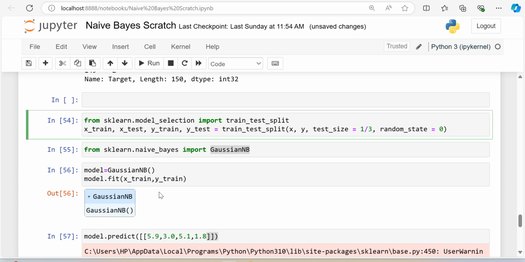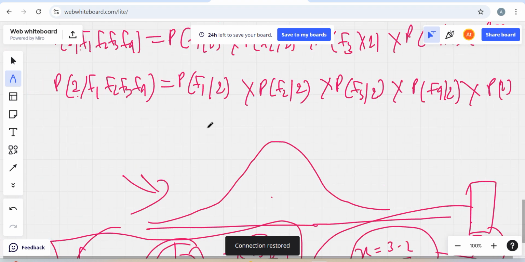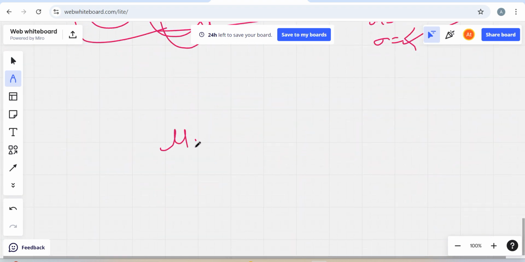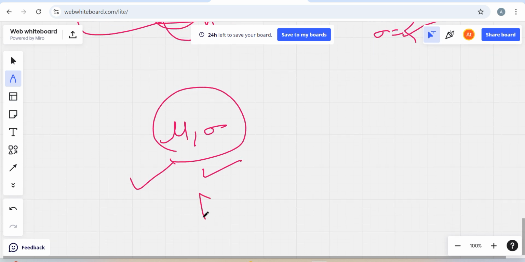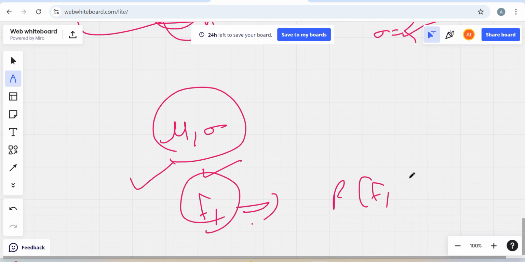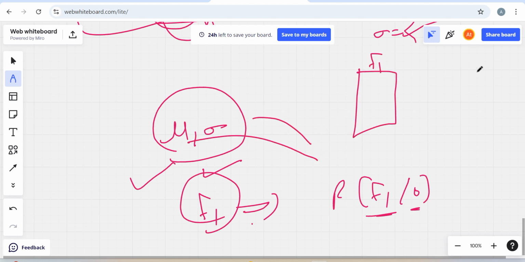I believe now you're able to understand. Using the historical data, we are able to calculate mu and sigma, right? If you have mu and sigma and now you have a new feature, you are able to find the probability. If you want to calculate the probability of feature 1 given 0, you know how to do this: you know mu and sigma for feature 1 given 0, meaning you just filter the data for target 0.